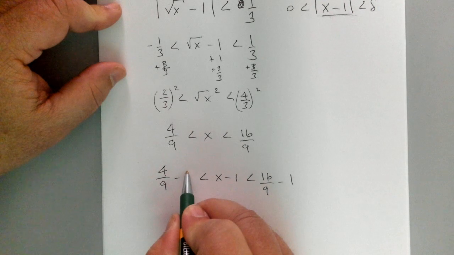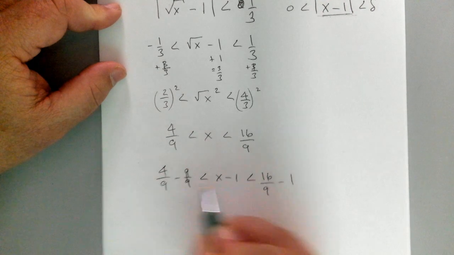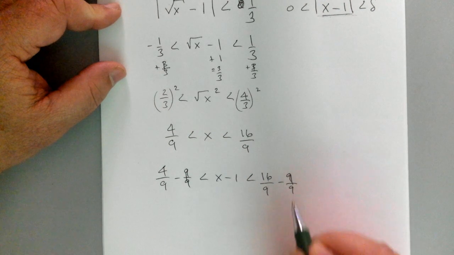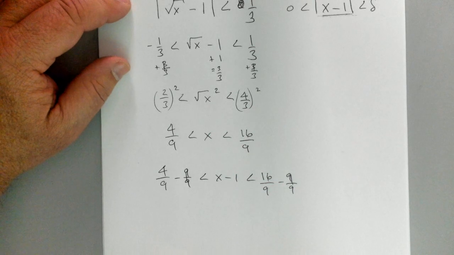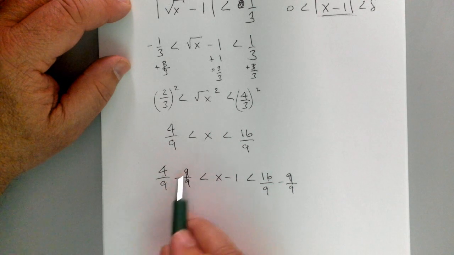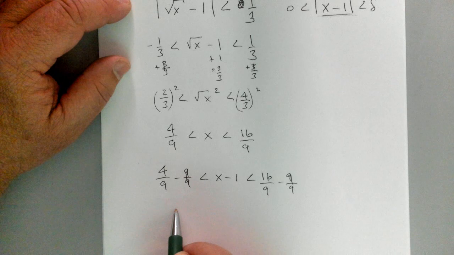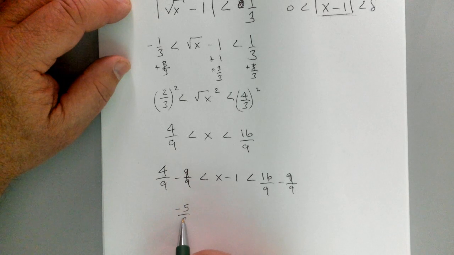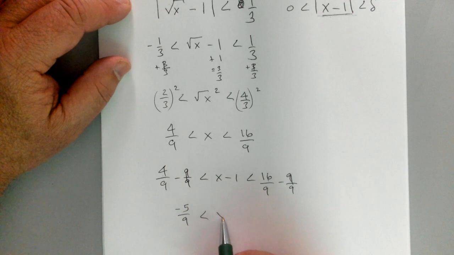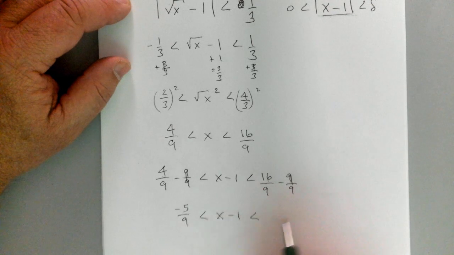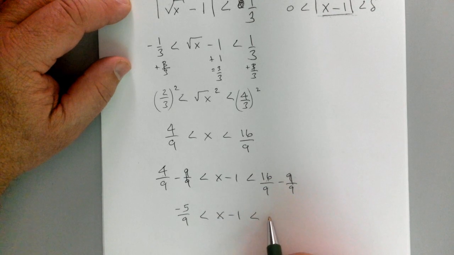And 1 is the same thing as 9 over 9. Four minus 9 is negative 5 over 9. 16 minus 9 is 7 over 9.